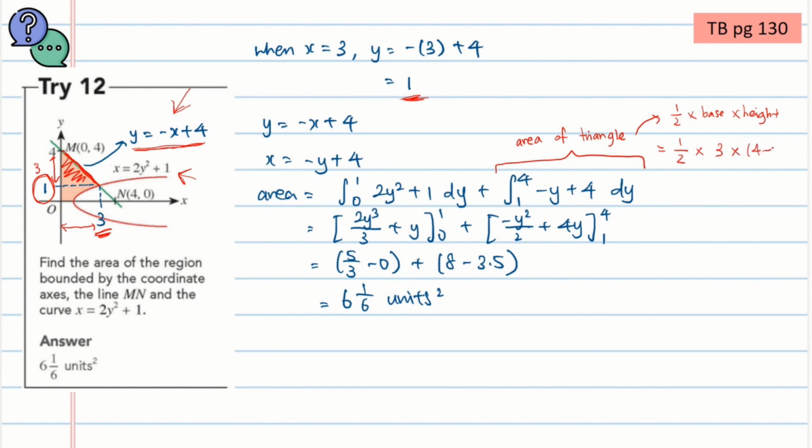Let's just put it clearly, 4 minus 1. And I actually will get half times 3 times 3, that's 9 over 2, so 4.5. And actually, if you check with this calculation, 8 minus 3.5 is indeed 4.5. So just an alternative over here.